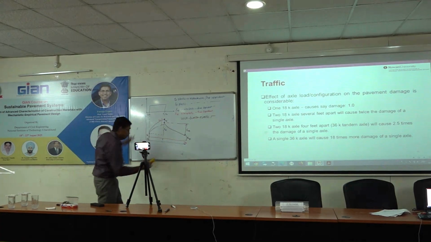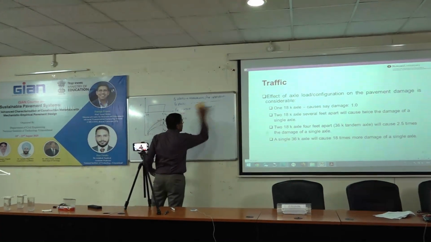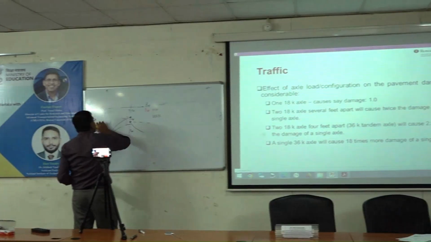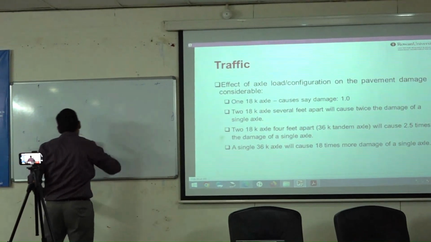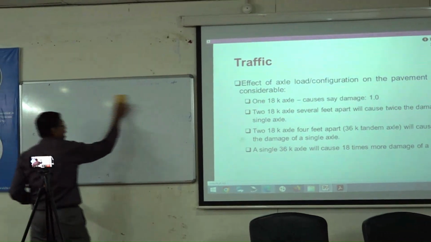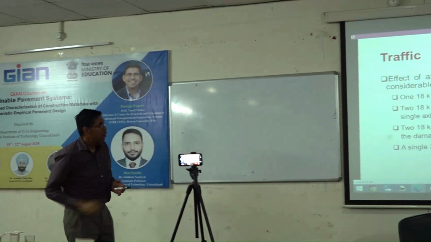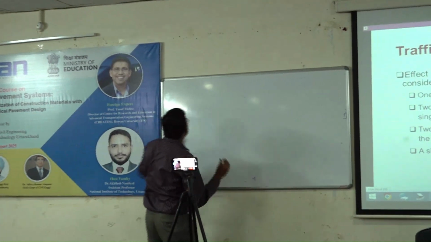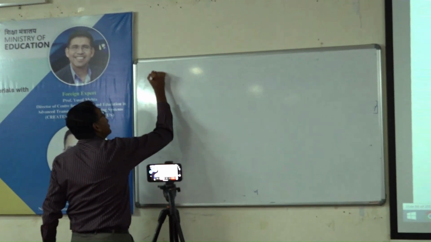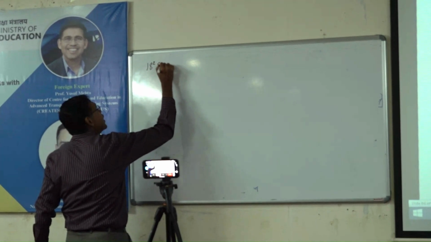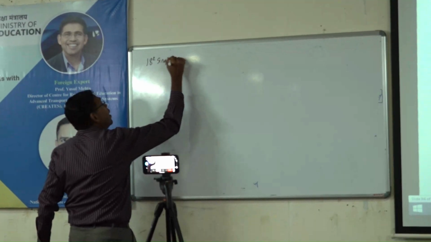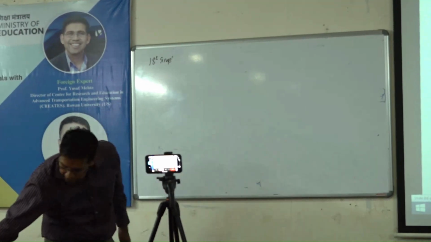Can I erase this? Everybody got this? So let's look at this. Right here, 18-kip single axle. Those who are just joining in: 18-kip single axle.